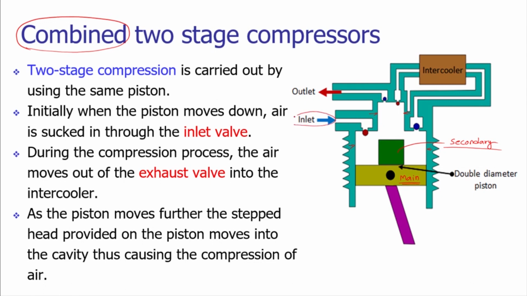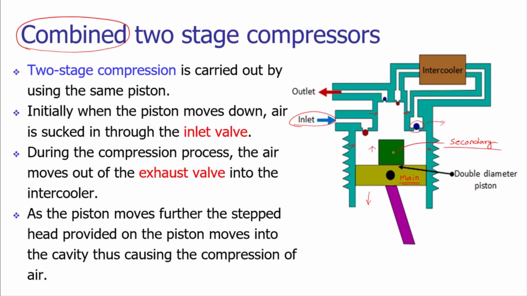The ambient air will be sucked in during the return stroke, and that ambient air will be compressed in the forward stroke. During the compression of the forward stroke, the outlet valve 1 will be opened.